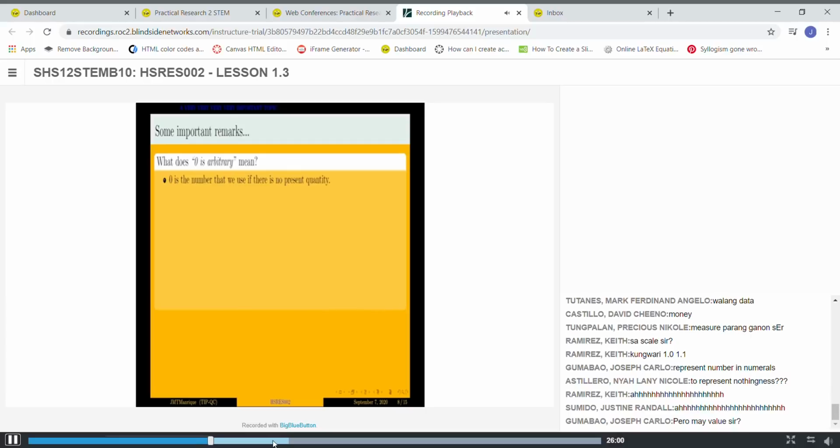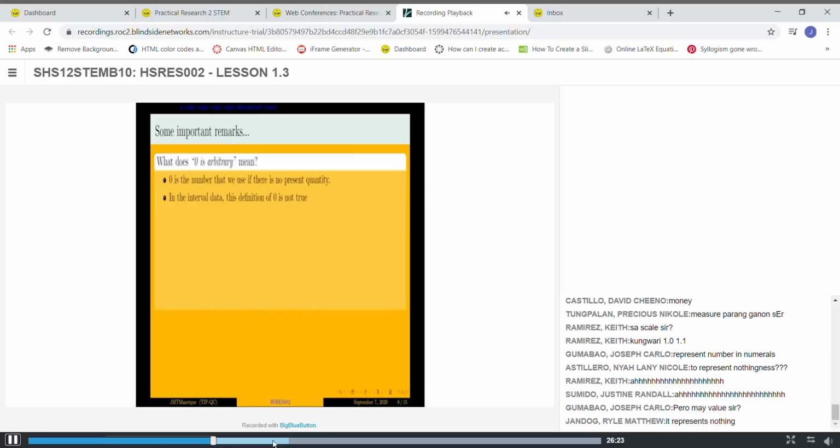Walang quantity or wala kang susukatin. Wala kang bibilangin. Okay? Now, in interval data, this definition of zero is not always true.